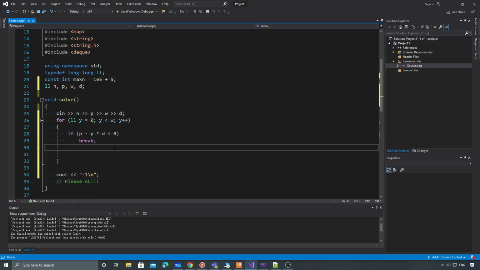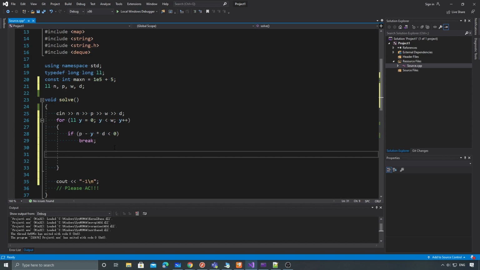Else, if X or XW is still positive, we simply do this check: if P minus y times D modulo W is equal to 0.